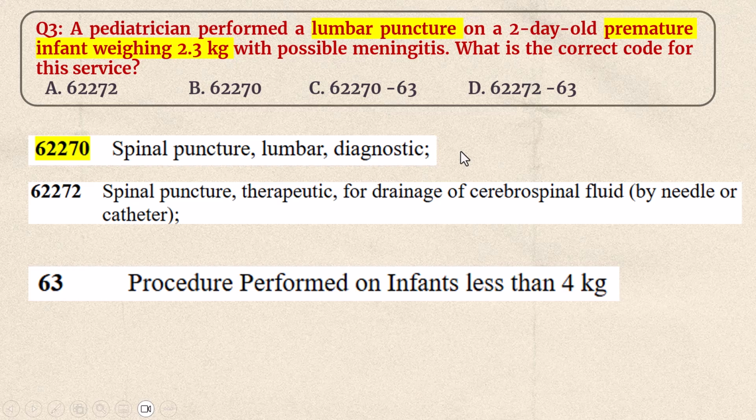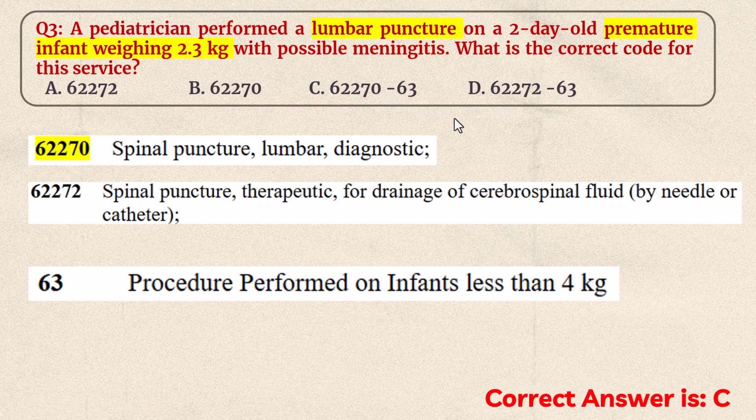But keep in mind, any infant less than 4 kilogram, you have to use the modifier. So here you can see the modifier 63 is used for procedure performed on an infant less than 4 kilogram. So the correct answer is not B, it's C. 62270 with the modifier 63.